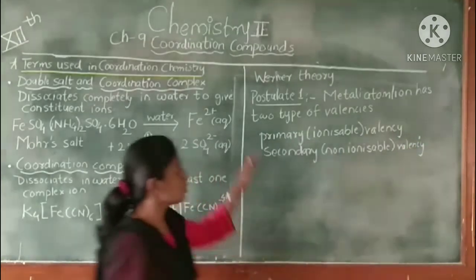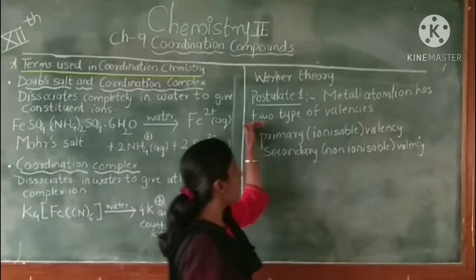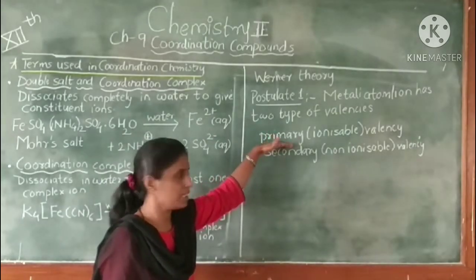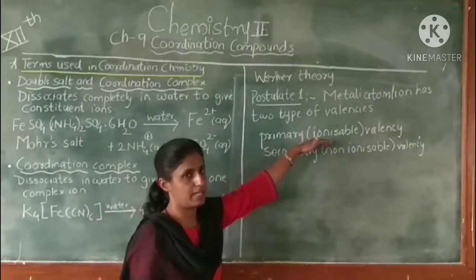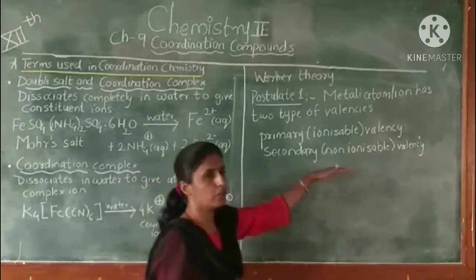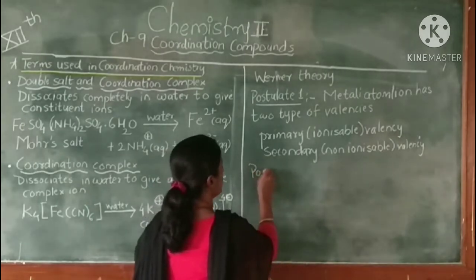So the first postulate was that a metal atom or ion has 2 types of valencies: primary valency, also called ionizable valency, and secondary valency, or non-ionizable valency.